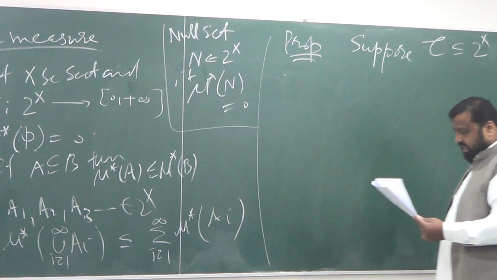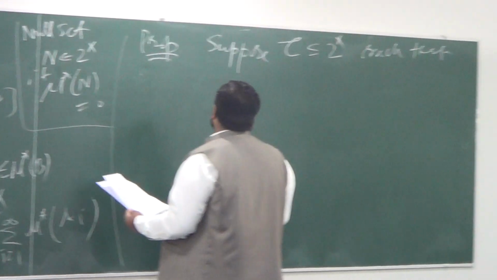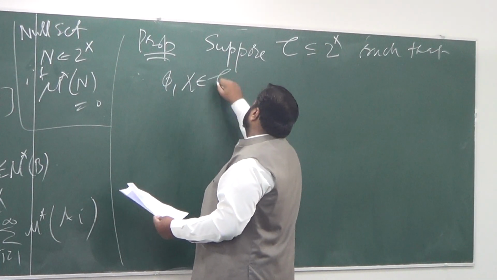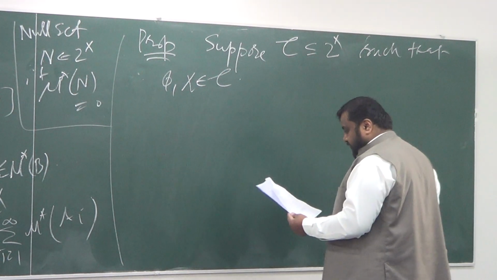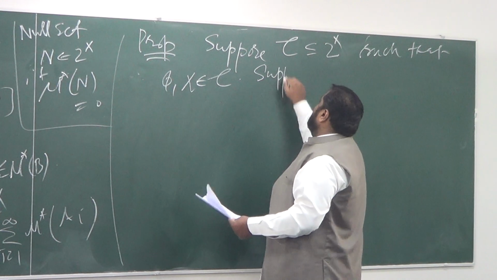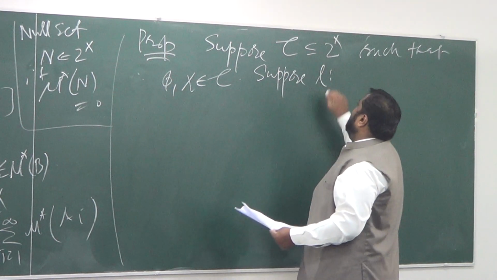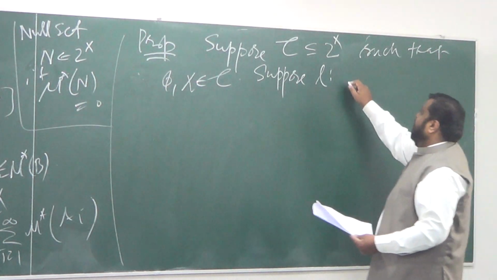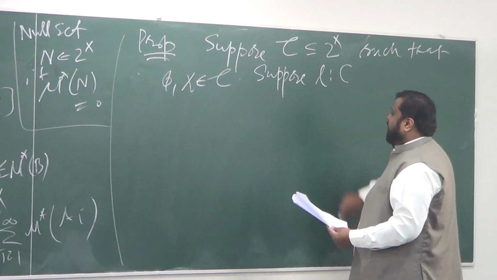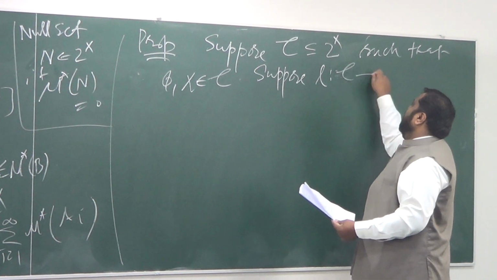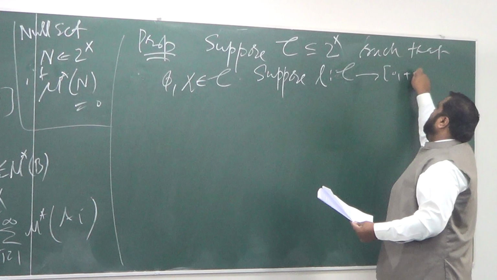Such that the empty set and X both are in C. And suppose you have some vague notion of length for this collection. So L is a map from C to 0 to plus infinity.